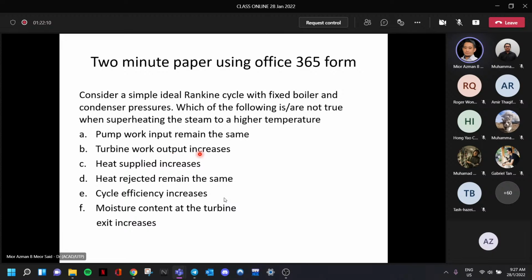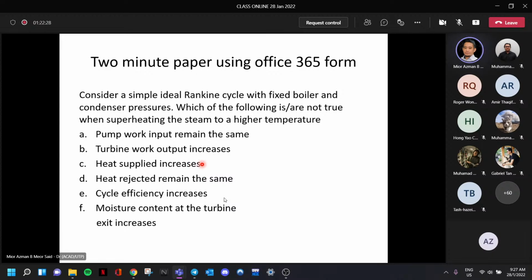Turbine work output increases, right? At T3, turbine work output increases, because you increase the energy at T3. So yes, it's true.